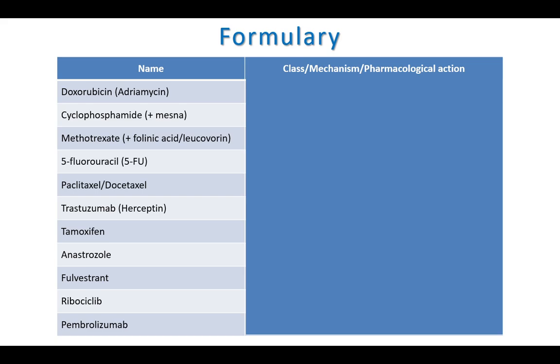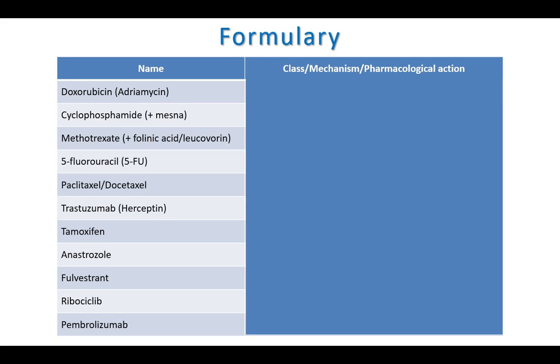Okay, and then we come to trastuzumab. What is this? It's an antibody. It's HER2, the HER2 receptor. Good. And what is tamoxifen? Selective estrogen receptor modulator, SERM. Good. Anastrozole, aromatase inhibitor.